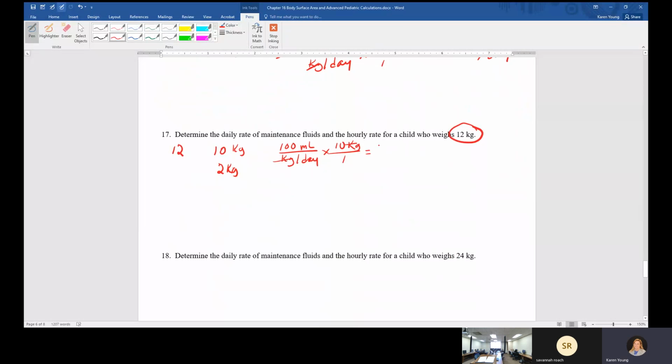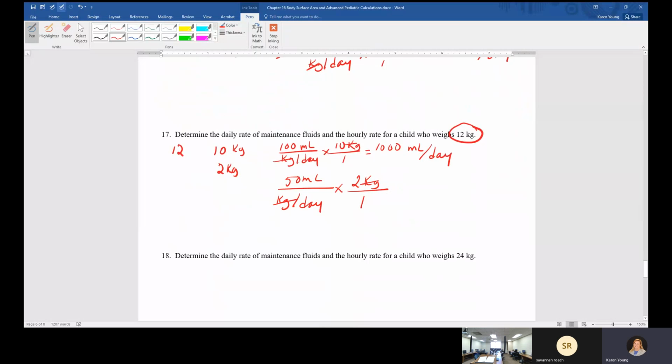All right. So we get 1,000 milliliters per day. And then for the 2 kilograms that we have that's greater than 10, he gets 50 milliliters per kilogram per day times the 2 kilograms that he's got over 10 kilograms.